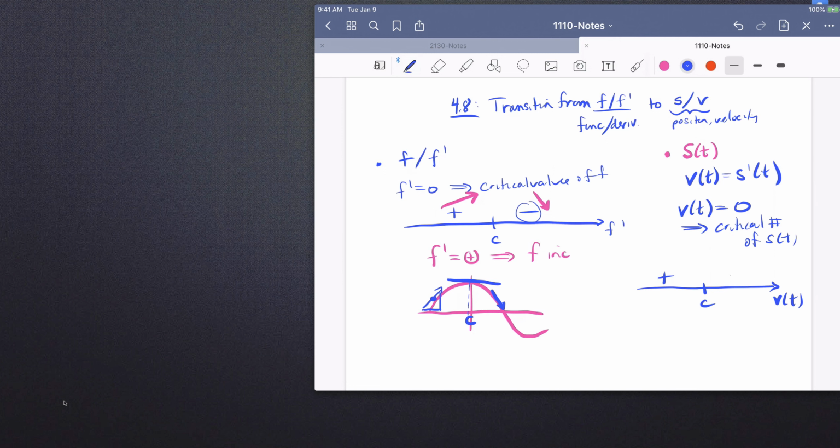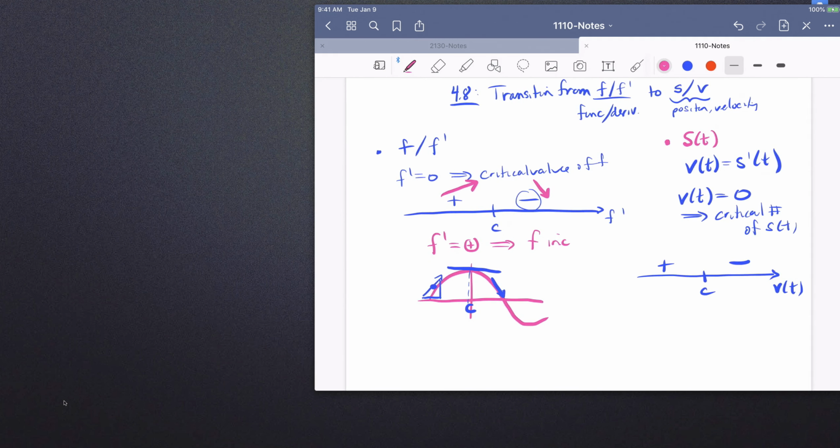And when we get the same positive and negative, we can say that when the velocity is positive, we'll say that the object is moving to the right.